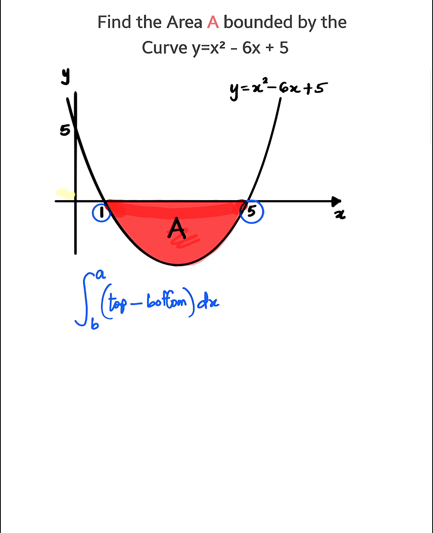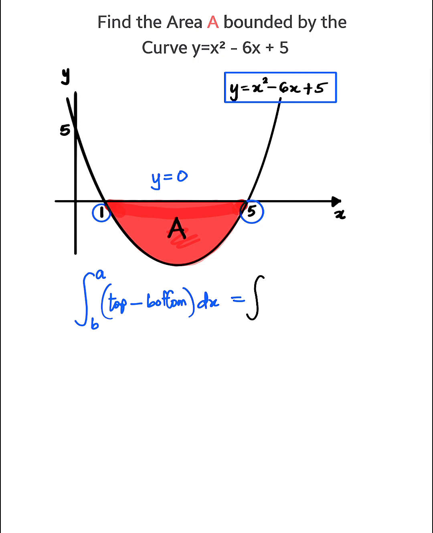At the top is this horizontal line, and in this case it is y equals 0, since it's a straight line that originates from 0. Then the bottom is the curve, this curve from here through, which represents the whole of this. So all we need to do is this.